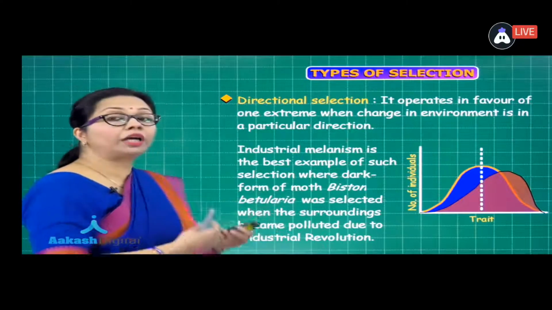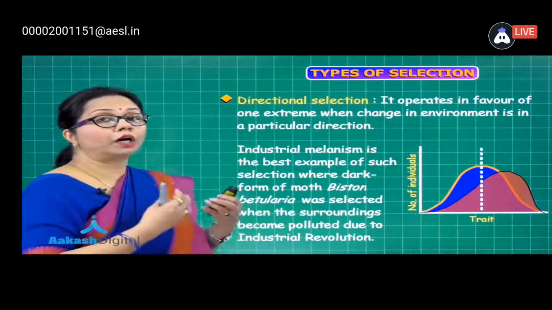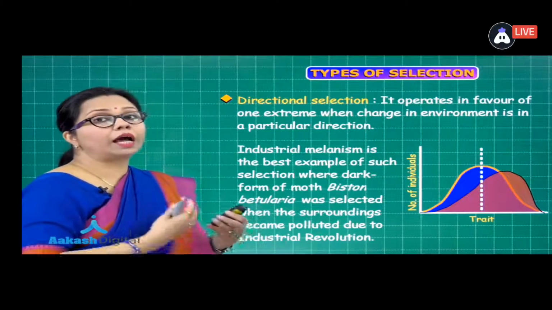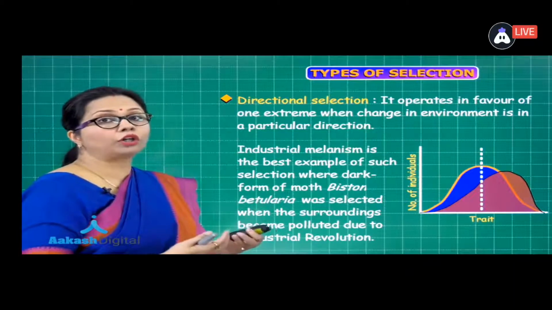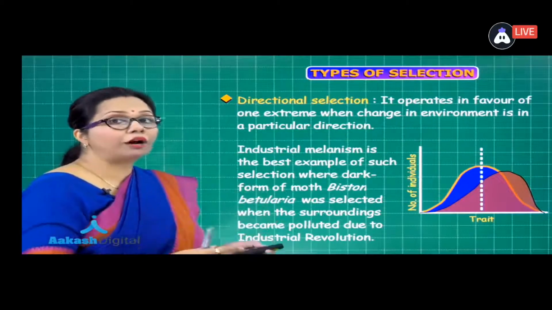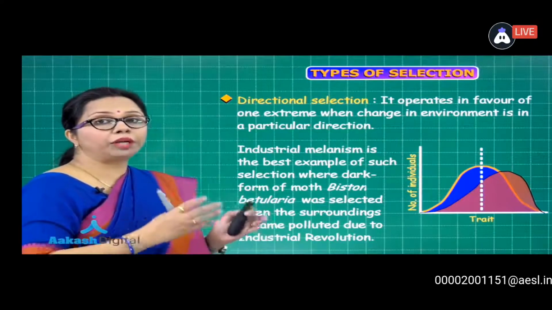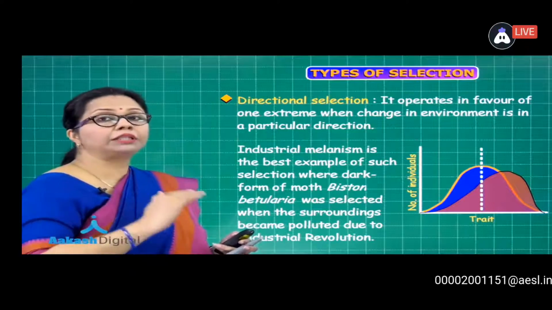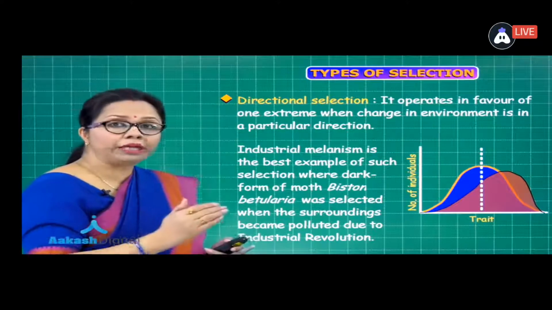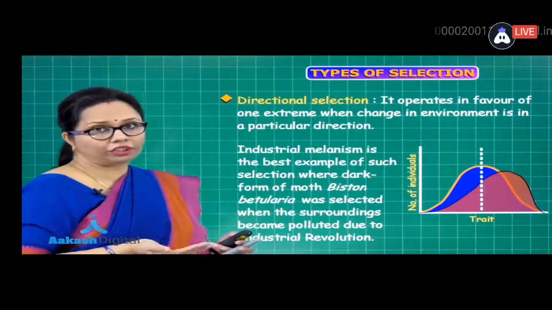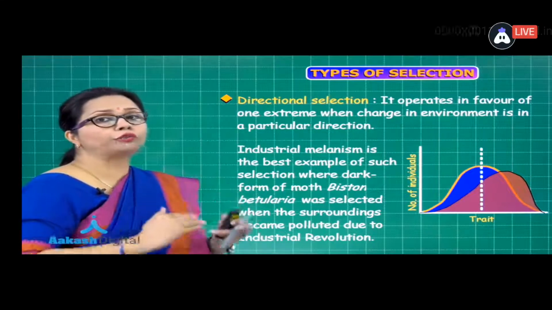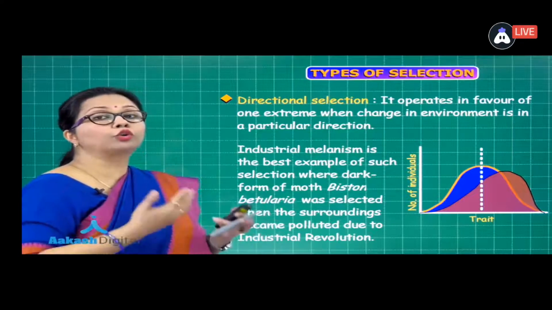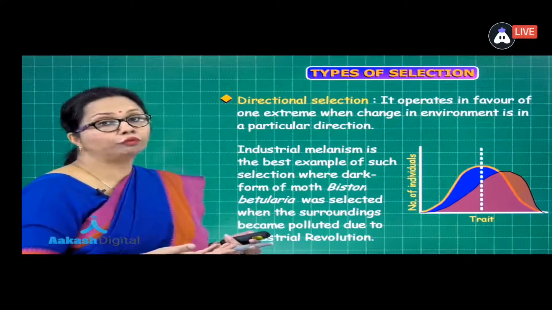And even here we can give the example of giraffes. In the case of Lamarckism, he had explained that giraffes got long necks because of stretching. But according to Darwin's natural selection, it can be explained that all types of giraffes were present. That means there were short-necked, intermediate-necked, and long-necked giraffes. And when there was drought for a number of years, only the long-necked giraffes could forage, and they were the ones who survived.